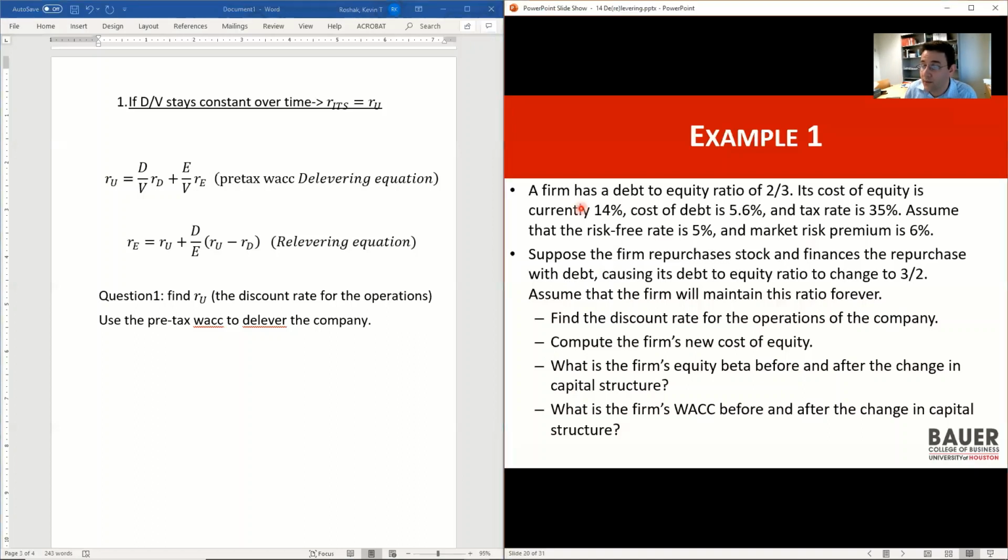We have information on what the company used to look like, right, before they did this swap. We know what their debt to equity ratio used to be. We know what their cost of equity used to be and their cost of debt. We're going to use this information to find out what's going on with the assets.